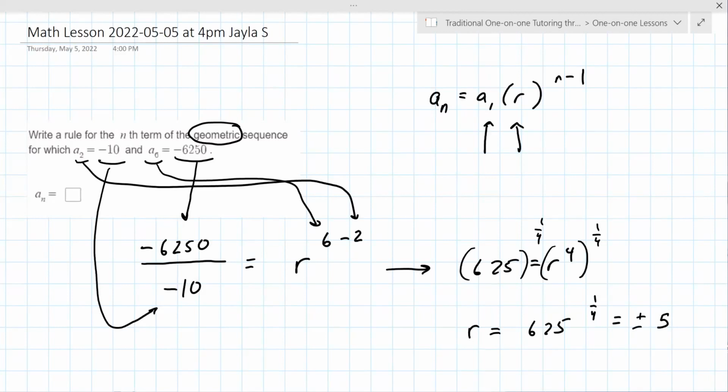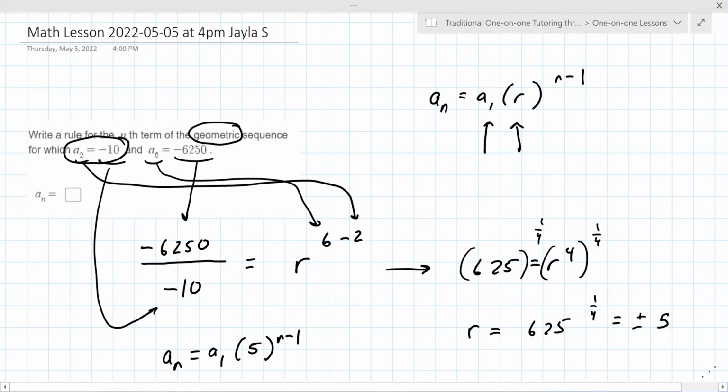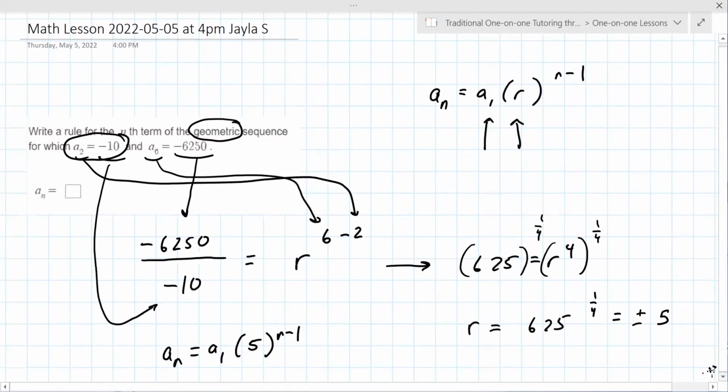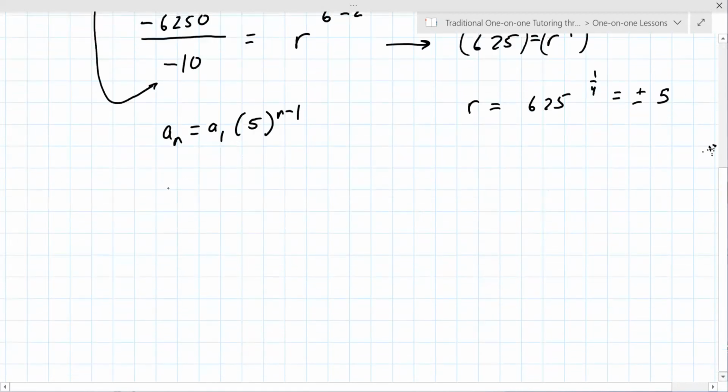you have an additional set of steps here. AN equals A1 times 5 to the n minus 1 power. Then we'll just use this one right here, the A2. Sorry, this screen isn't scrolling. We said that the second term is minus 10, and that means that n is really 2.